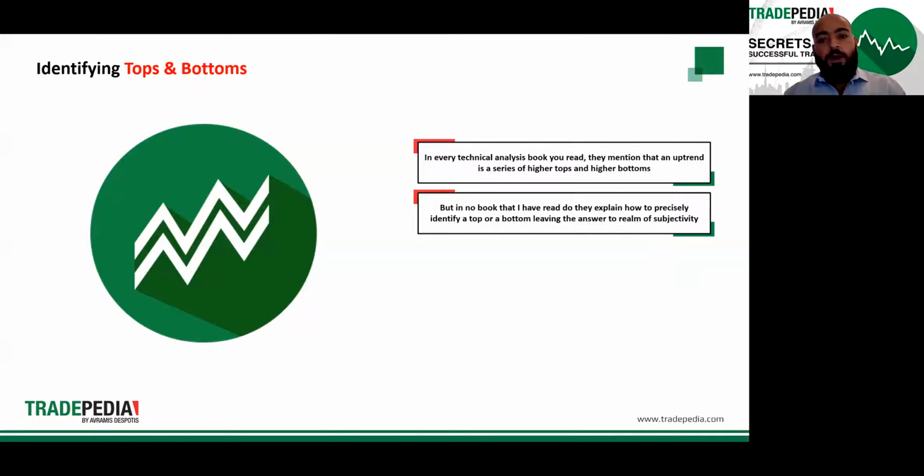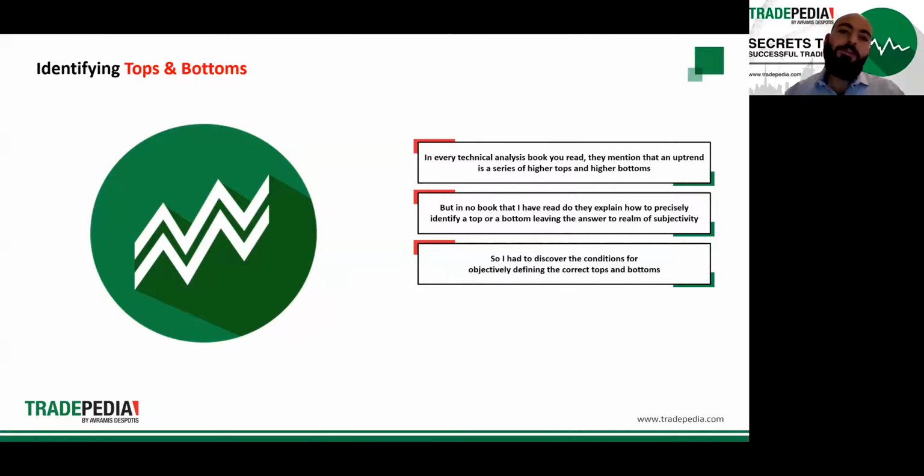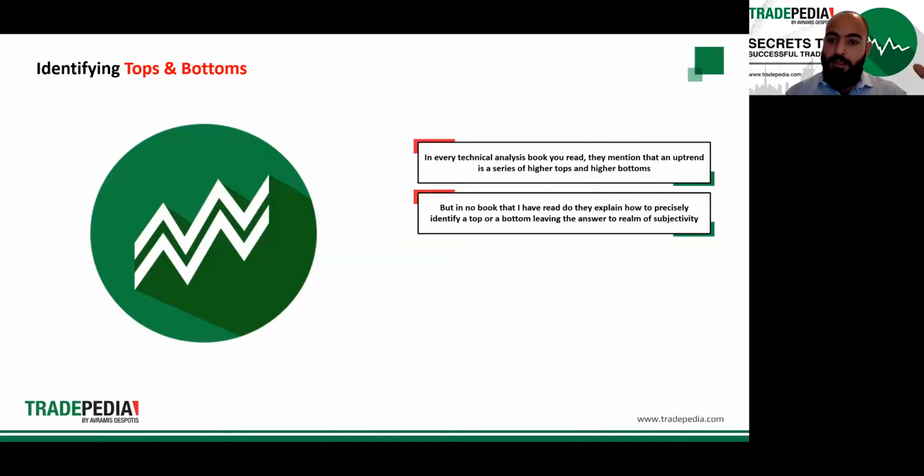Because identifying tops and bottoms is the cornerstone of identifying a trend, it is the prerequisite to identify a trend, we spent lots of time going over the best theories and studies in the field of technical analysis. We used the Charles Dow theory, Gann theory, and we found a very objective way.